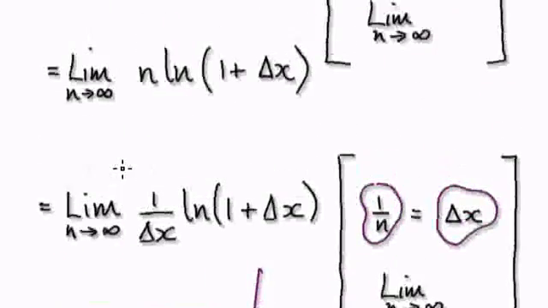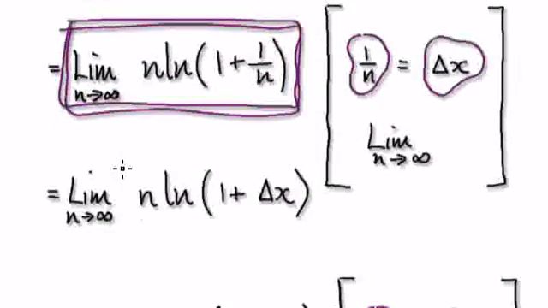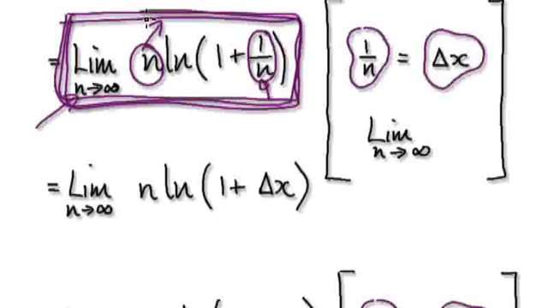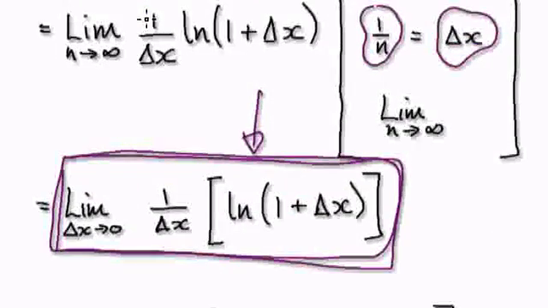Let me just repeat it one more time. As n tends to infinity, this thing here will get smaller and smaller, and this thing here will get bigger and bigger. Now we're going to translate this whole thing into this. Even though this thing is tending to 0, it is still consistent.